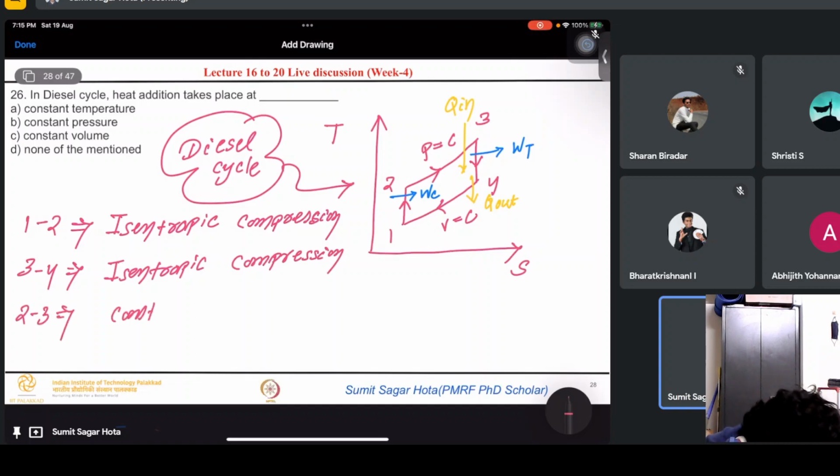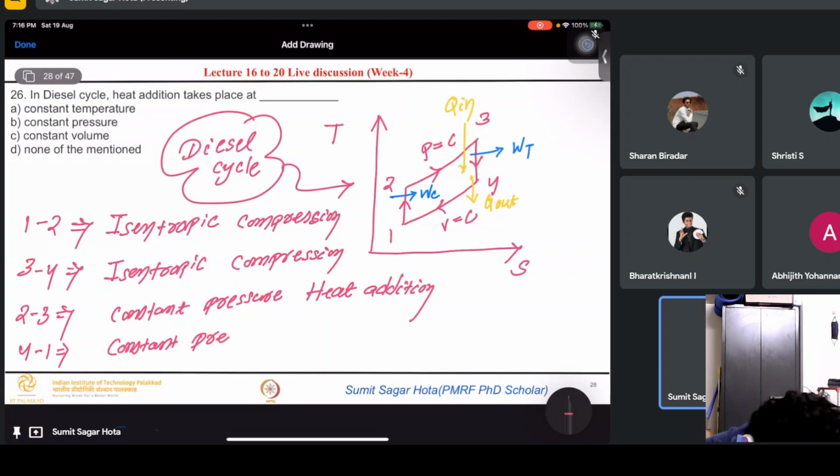Instead of constant volume, it's constant pressure heat addition. And 4 to 1 will be here, constant volume heat rejection.